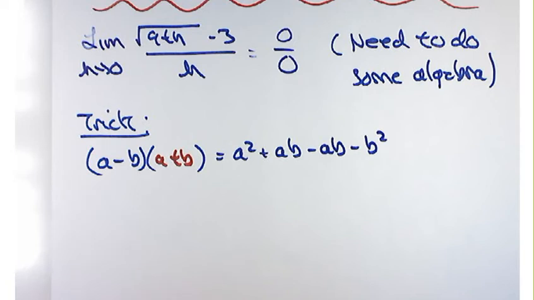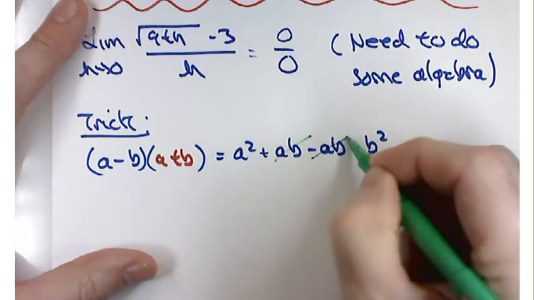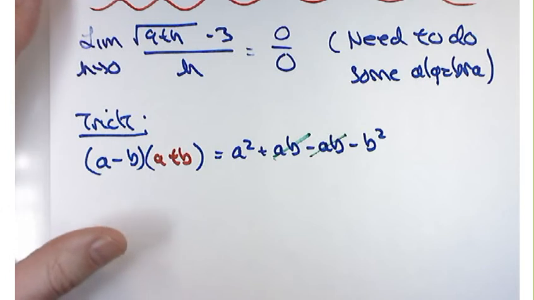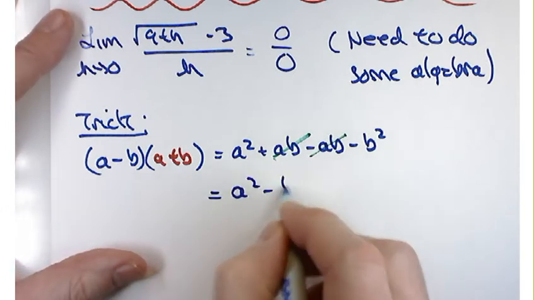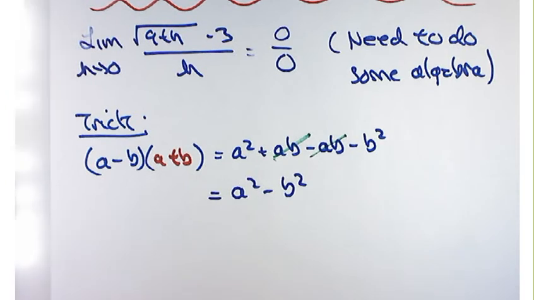And something interesting happens here. Those terms disappear. And what are you left with? You're left with a squared minus b squared. Wow, okay. So you get the square of these terms, and the middle part cancels out. That's the trick we're going to use in this one. Let's see how it works.